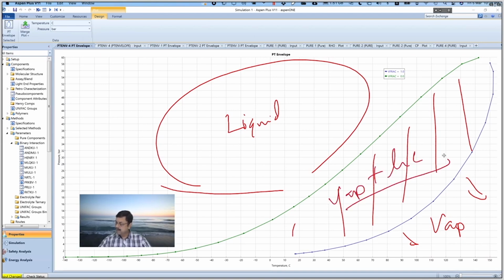So this is a perfect envelope we have, where we have one bubble point line and one dew point line like this and this.